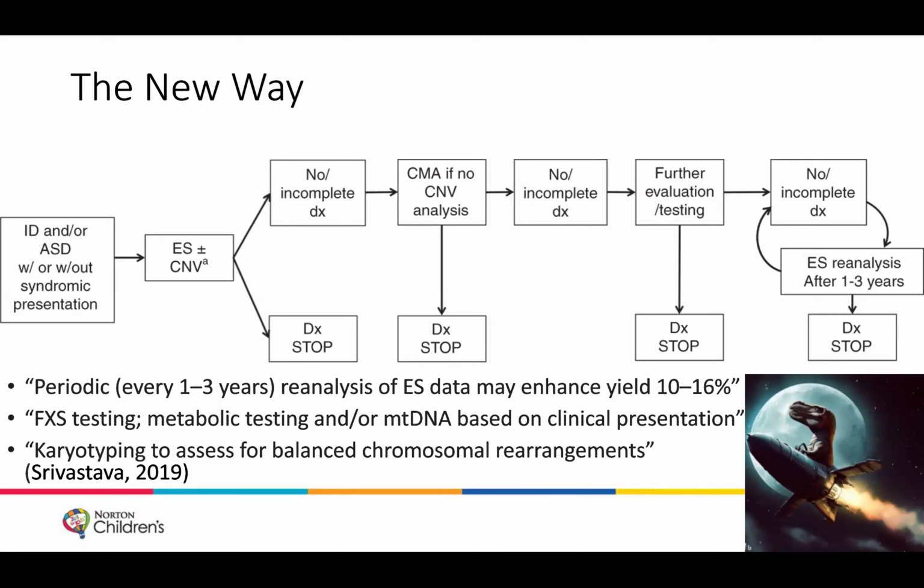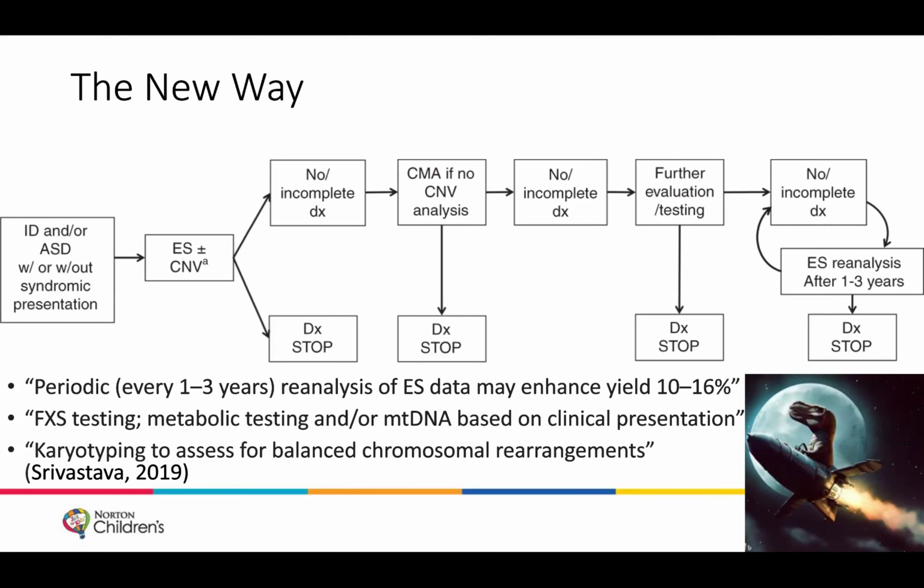Fragile X testing, metabolic testing, mitochondrial DNA, just think about whether you want to add those to your study. Mitochondrial DNA, if they have multi-organ issues or eye problems. Metabolic testing, if it starts real early or has some exercise-induced component, where increased metabolic stress results in the delay.